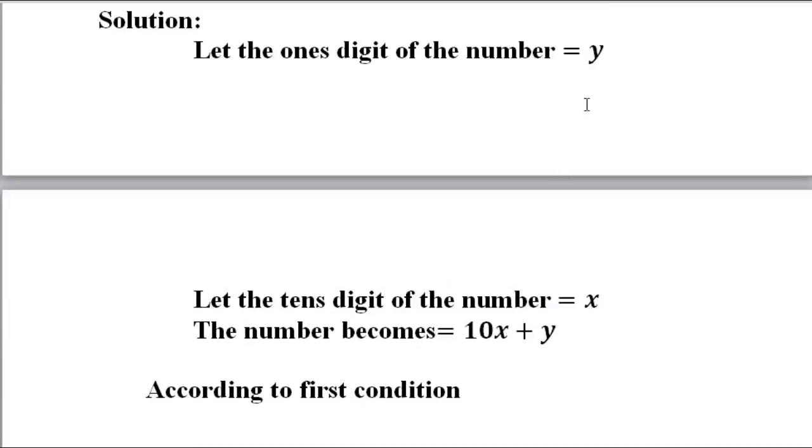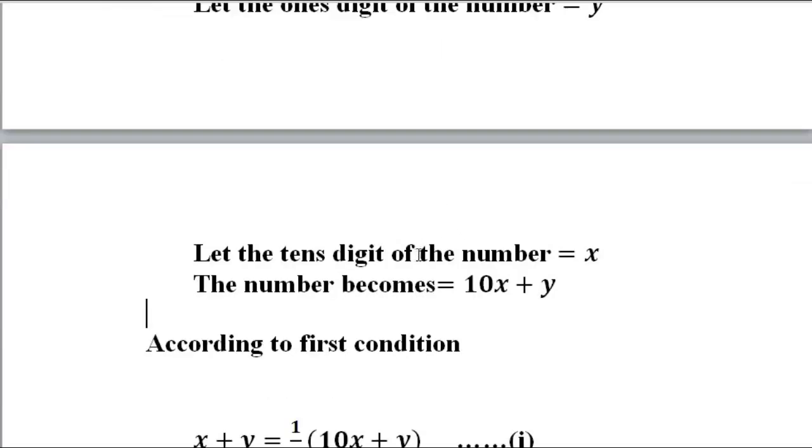In the case of y and x, which are the ones and tens digits of the required number, we can obtain the original required number by taking the sum of its tens digit and ones digit, that is 10x plus y. We multiply the tens digit x by 10 and the ones digit y by 1. Then the original number becomes 10x plus y.